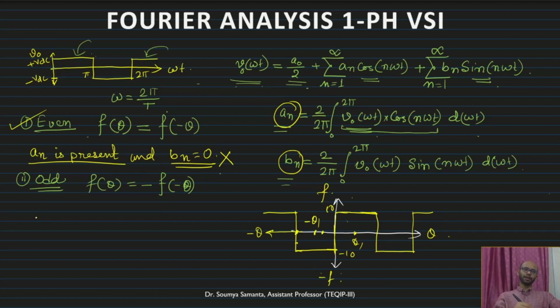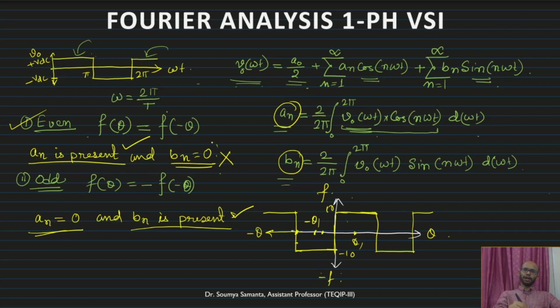Now what is happening in the other case? In this case we can establish an equals 0 and bn terms are present. So bn is present, and we have to find only bn here and an there. We don't have to find bn in case of even symmetry. We don't have to find an in case of odd symmetry.